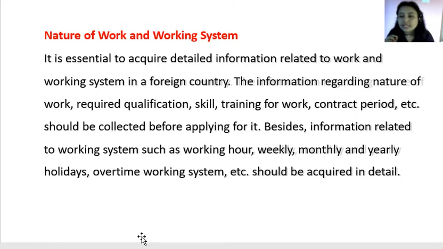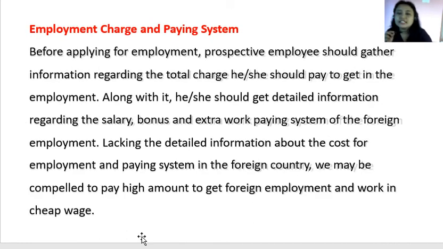And if you do an overtime job, because you will not be doing only an 8-hour job, after the 8-hour job, if you have free time, you can do overtime also. What sort of paying system will you get for overtime? That sort of detail you also need to know. So that is about the working and paying system.